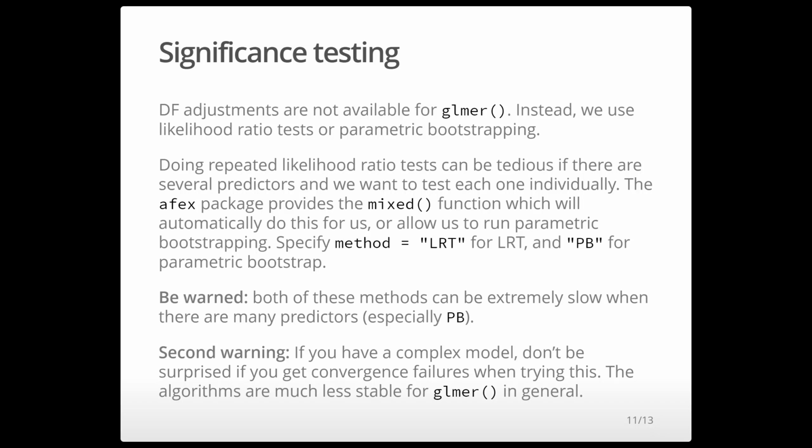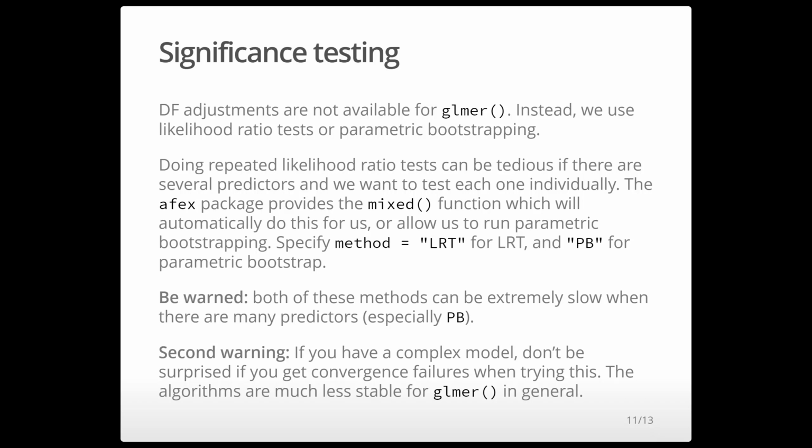An alternative is to do parametric bootstrapping, but just a warning, both of these methods are extremely slow, especially parametric bootstrapping. It could take a really, really long time. And as a second warning, if you have a complex model, don't be surprised if you get convergence failures when trying this. This is even more true for parametric bootstrapping, because it keeps refitting the model on different samples of the data, and in some proportion of them, the convergence is going to fail, and there's not too much you can do about it.